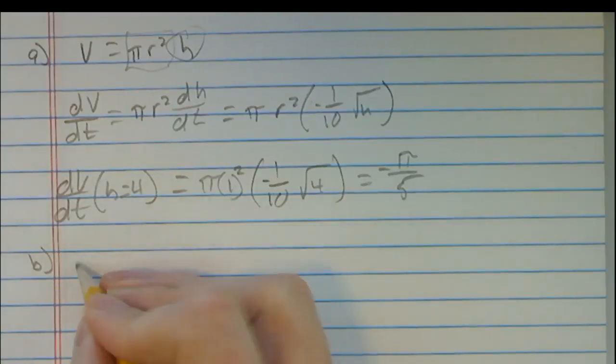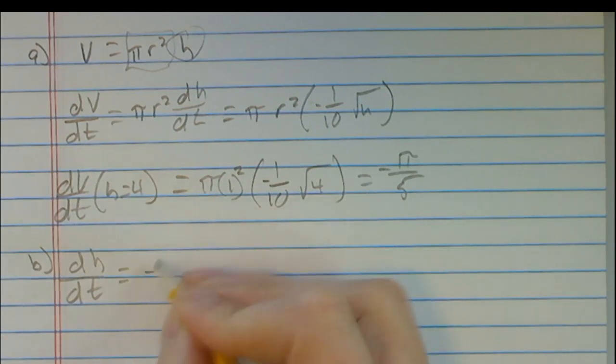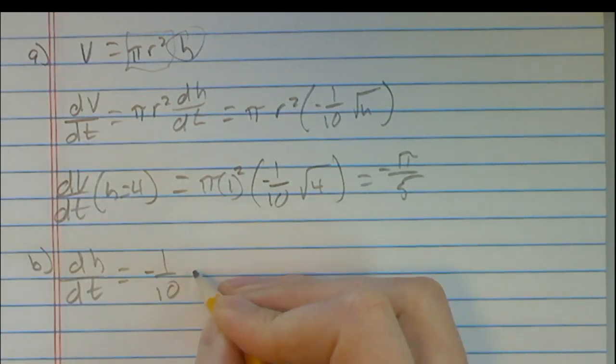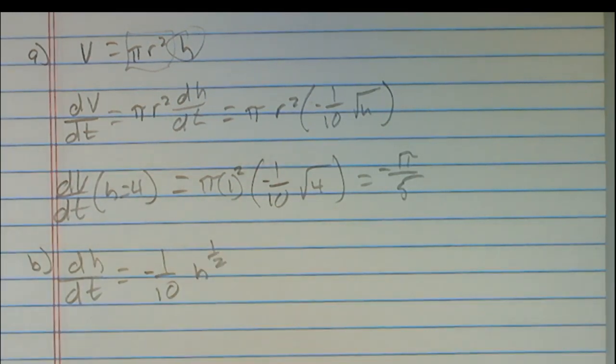So B. We have dh/dt equals negative 1/10 h to the 1/2, because we're going to take the derivative here, so I might as well turn that into that.